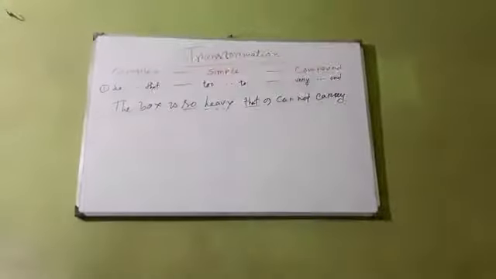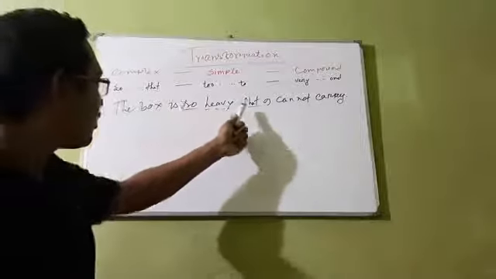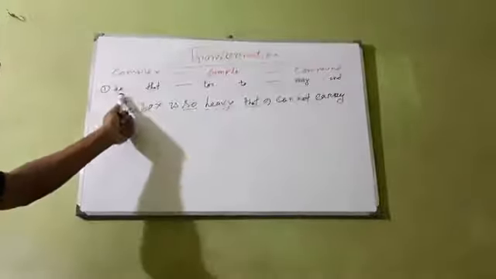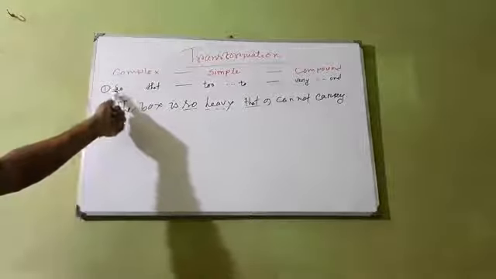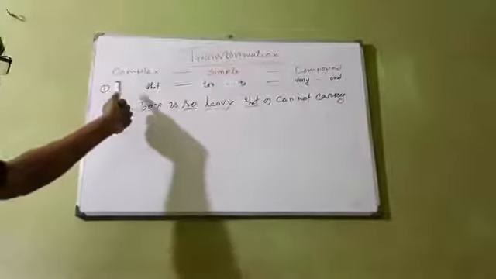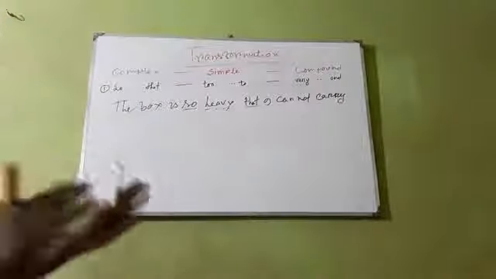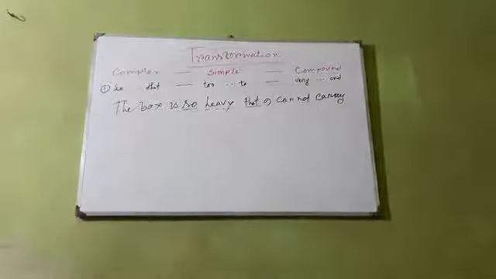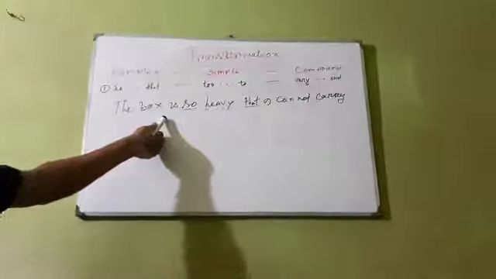Students, look at the sentence written on the board. The box is so dot dot dot that. This is the structure that we get from this chart. We get this "so dot dot dot that" in this sentence. That means we are sure now that this sentence belongs to complex format.